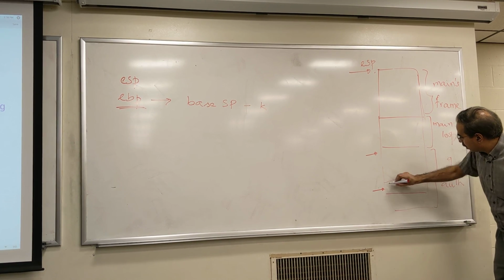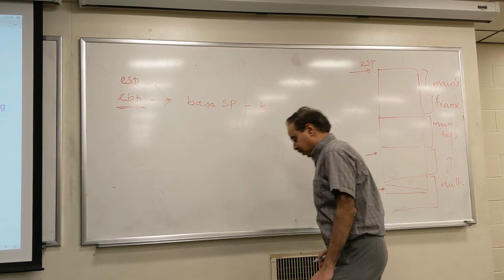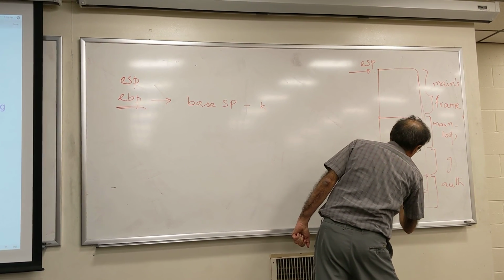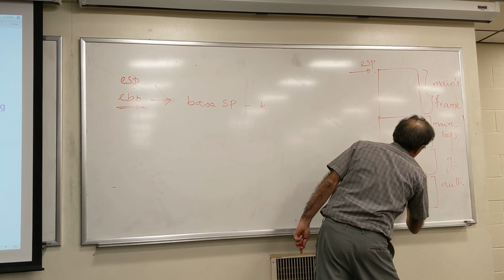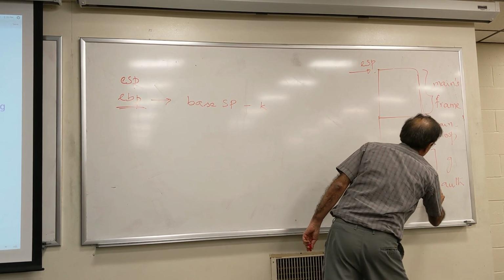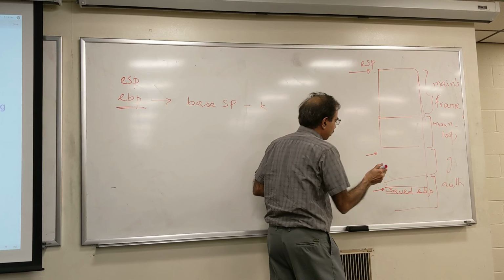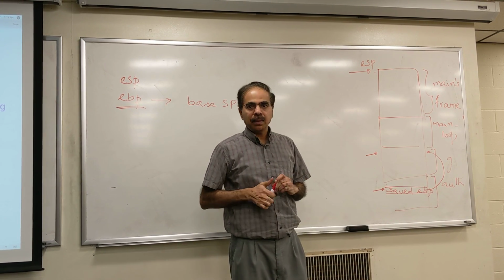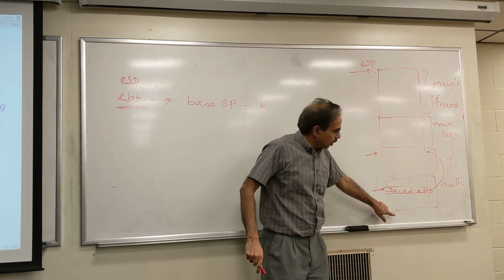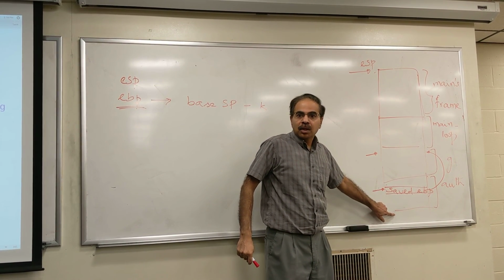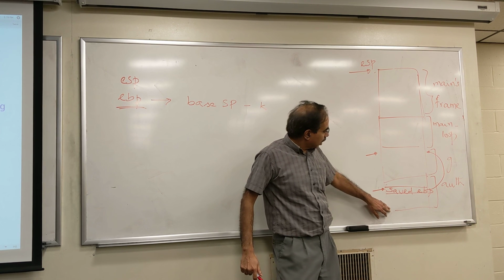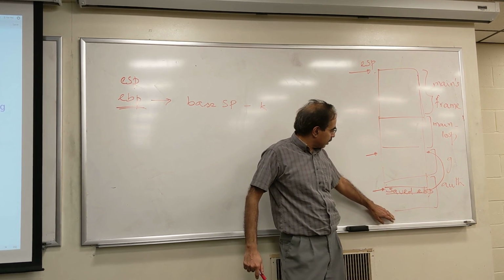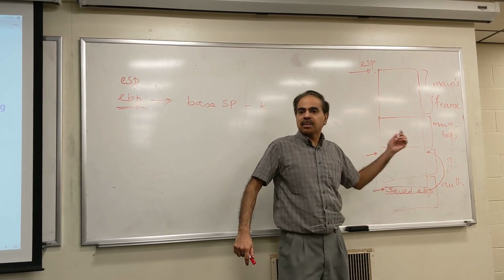There is the same EBP here, which is nothing but the caller's value of the EBP, and you can read that by using printf to leak information, so you can look at some EBP.